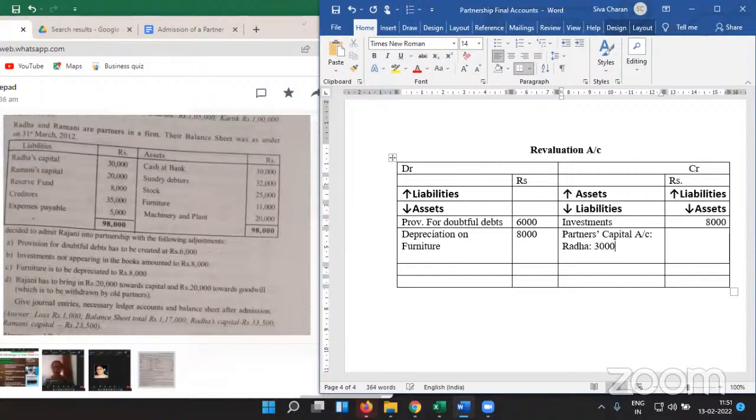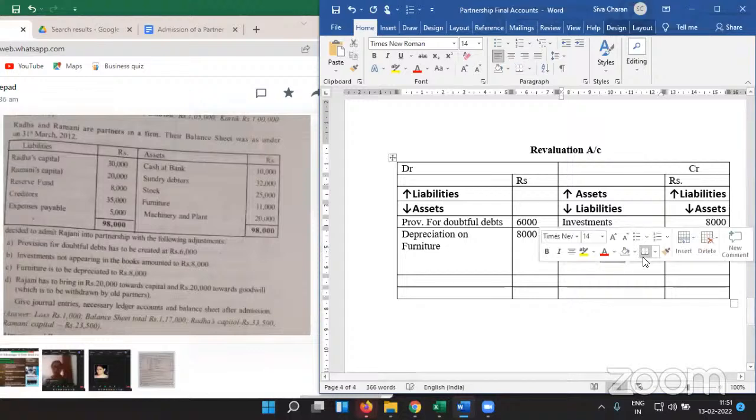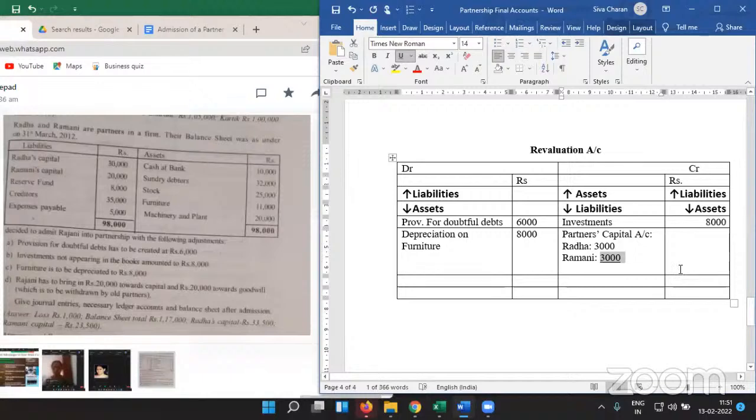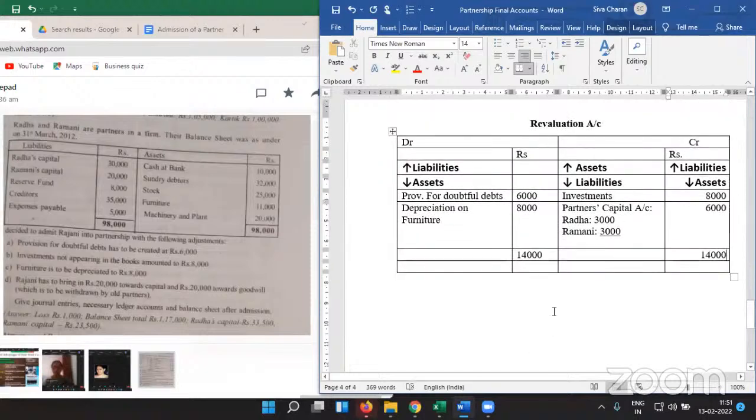So Radha 3,000 and Ramani 3,000. Total 6,000 will show as a loss. The total of the revaluation account is 14,000. Right? So the revaluation account is over.